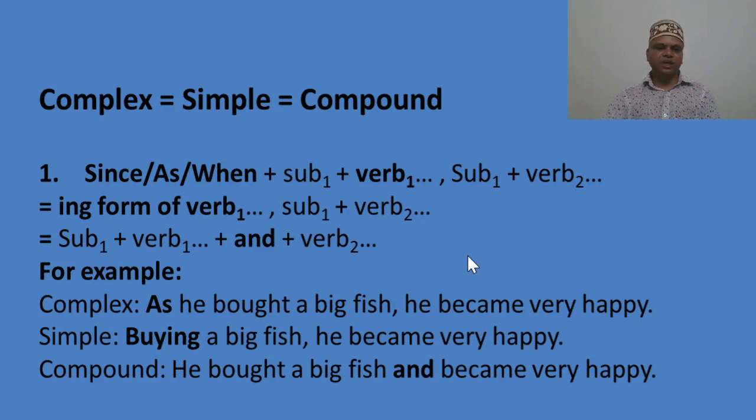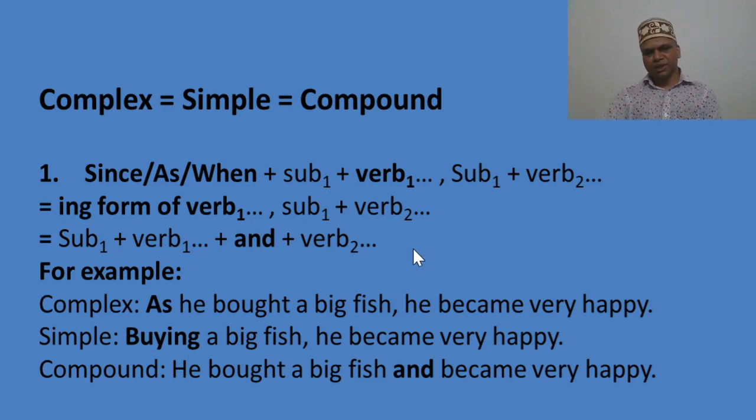So if a complex sentence begins with since, as, or when, and the subject of both clauses is the same, then we have to use the ing form of the verb of the dependent clause, and the rest of the sentence will be the same.